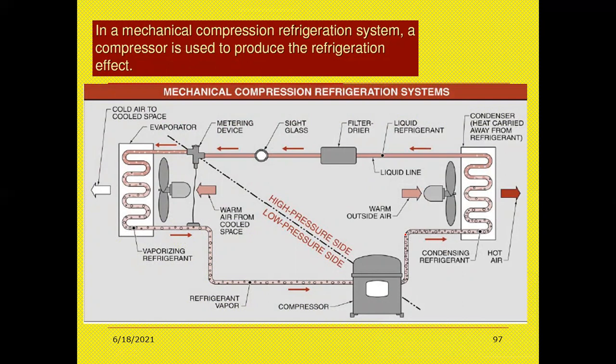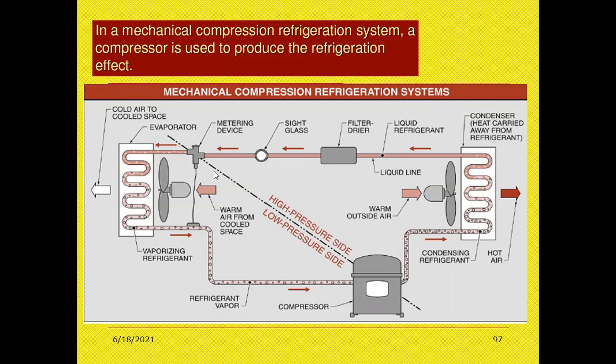The use of compressor is to produce the refrigeration effect by taking the refrigerant as a medium. A compressor produces a refrigeration effect, meaning a cooling effect, by using the refrigerant as a medium.